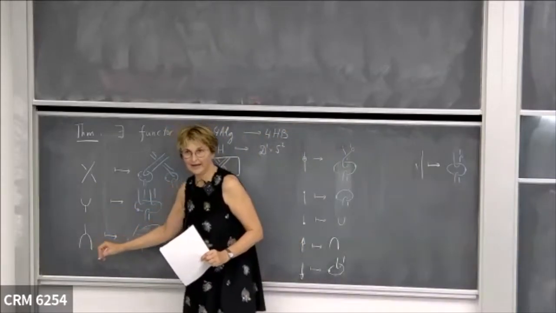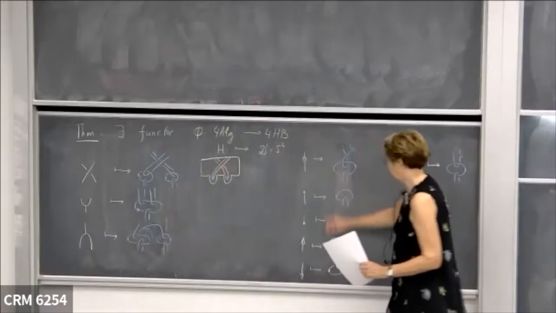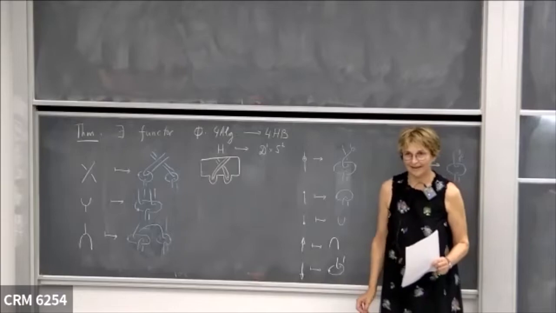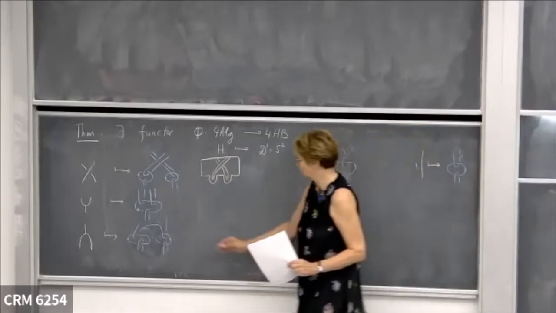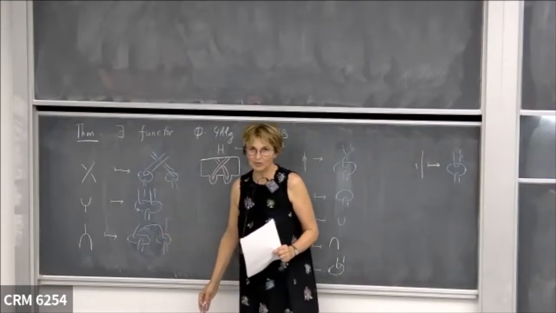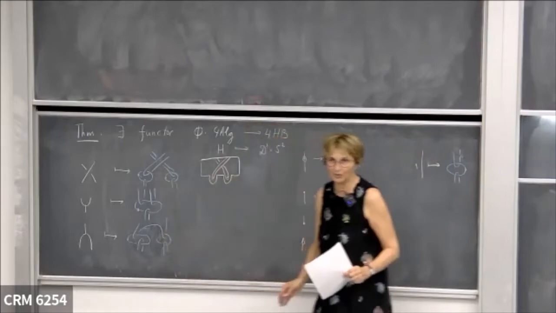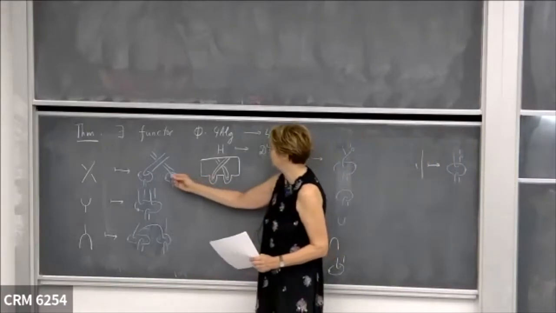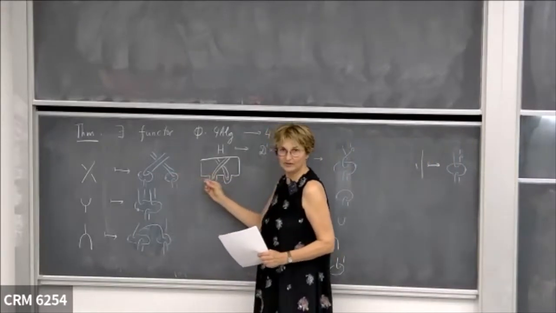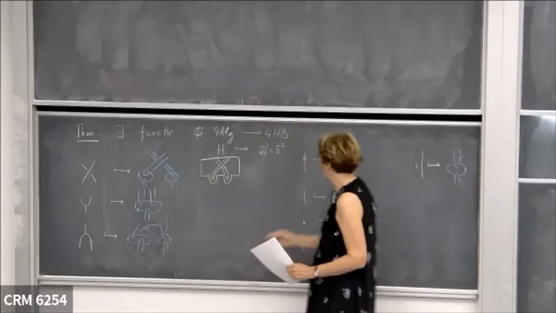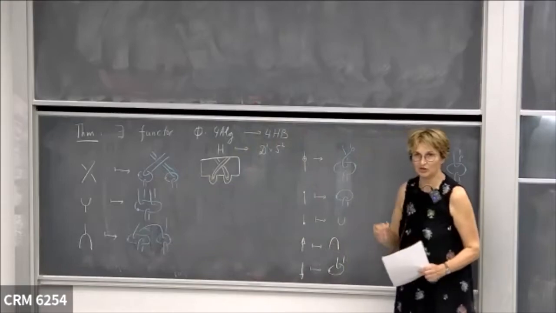I'm not perfect, and white is easier to erase, but I'm trying to stay consistent with Kirby tangles in blue, though probably I will forget this at some point. You see where this comes from. This structure is actually the structure we have seen already, one dimension lower.